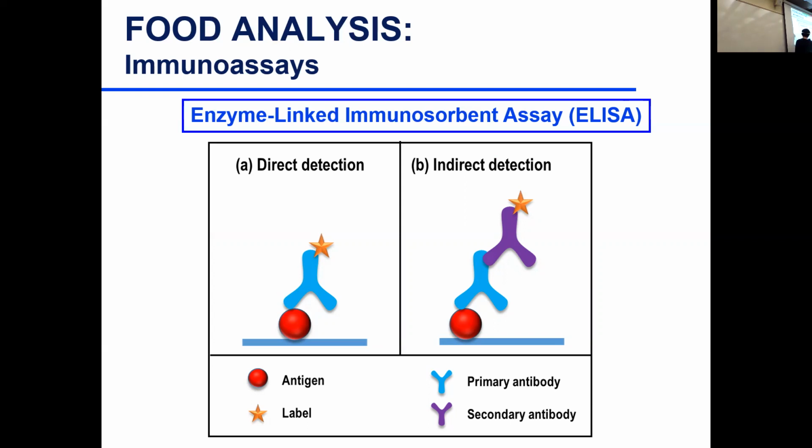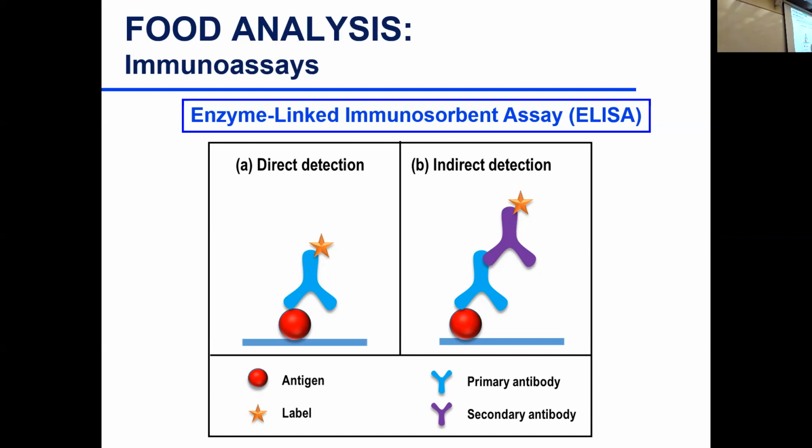So here, basically, is your antigen immobilized on a hydrophobic surface, and then the antibody reacts with it. And if the antigen is present, the antibody remains after you do some washes, and then you get a color generated after the substrate is added.